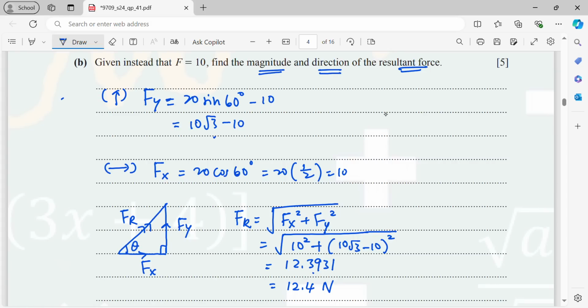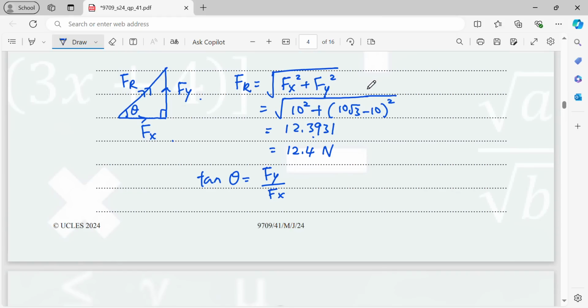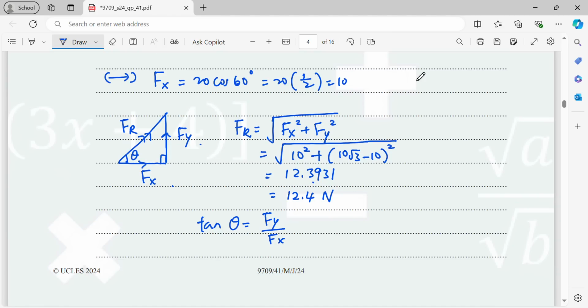The direction is here. This is theta. For your information, tangent theta is Fy over Fx, opposite over adjacent. So my theta is the inverse tangent of Fy over Fx.